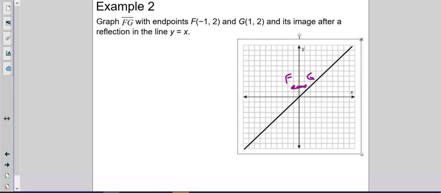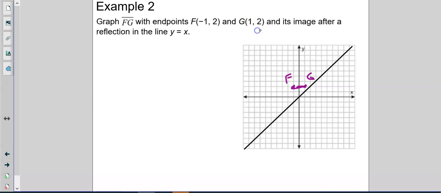And so this one is going to be kind of a strange one, all right? And we're going to give you little cheat cards to remember these. But basically what happens is they're going to switch. So 1, 2 is going to become 2, 1. X and Y just switch. So if I go to 2, 1, that's going to be my G prime. And 2, -1 is going to be my F prime. Like so.